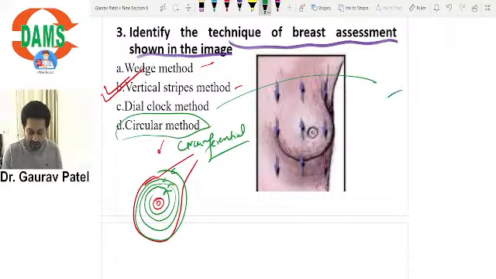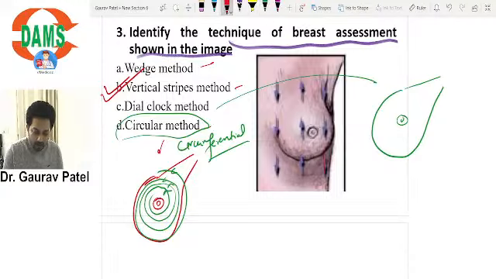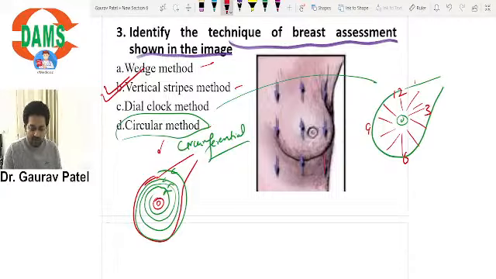Dial clock method is where you imagine the breast as a clock, 12 o'clock, 6, 3, 9 o'clock, and so on. You divide the breast into these clock positions and then palpate, coming from periphery to center or center to periphery. Make sure you don't miss any area. That is dial clock method.